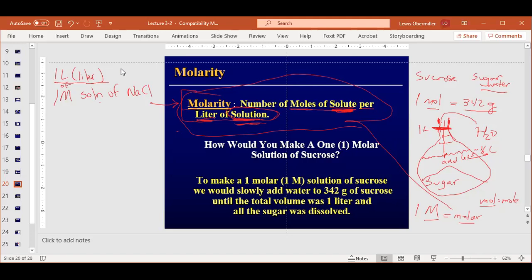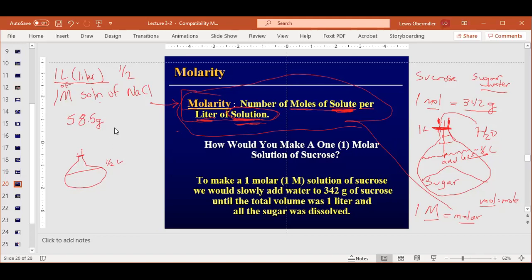Let's say we only need half a liter. So let's say this is the liter mark and this is the half liter. Would I want to put 58.5 grams of salt in here to make 1 molar? How much would I want to put in here?